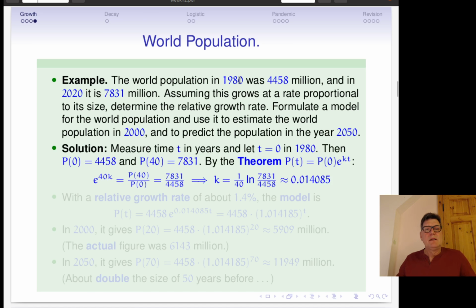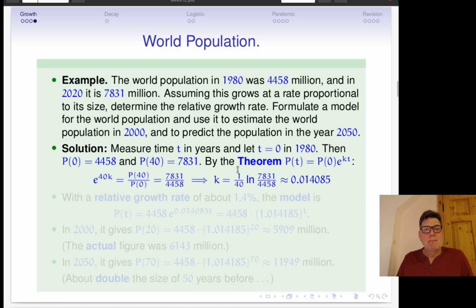Well, we measure time in years, and let's say time starts in 1980, and the year for which we have the first data here. So t equal to 0 corresponds to 1980. Then the 4,458 is our initial value, p of 0. And the number for 2020, that's 40 years later, is p of 40.